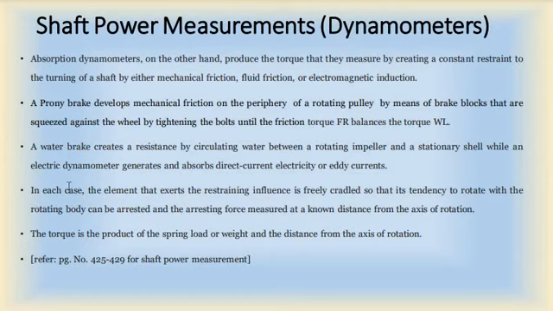In each case, the element that exerts the restraining influence is freely cradled so that its tendency to rotate with the rotating body can be stopped, and that resisting force can be measured at a known distance from the axis of rotation. The torque is the product of spring load or weight and the distance from the axis of rotation.